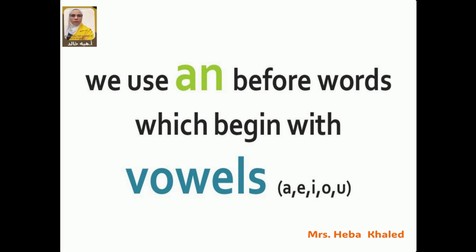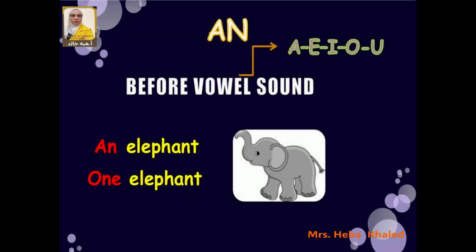We use an for words which begin with vowels A, E, I, O, U. So the vowels are five in the English language: A, E, I, O, and the letter U. Like an apple, an orange, an elephant. So we have here one elephant.